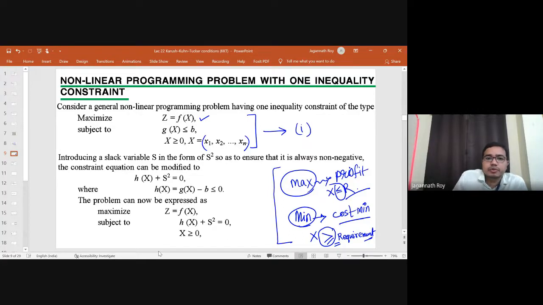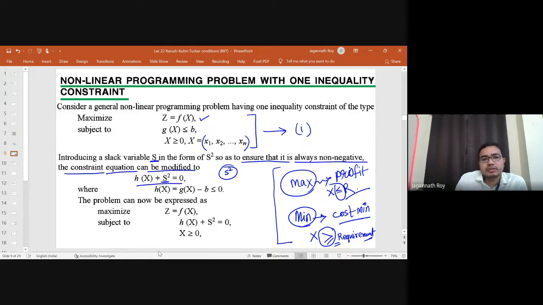Now, whenever we have a less than type criteria, we need a slack variable. We write it as s squared instead of s, to ensure that it is always non-negative, and the constraint equation can be written in this form.